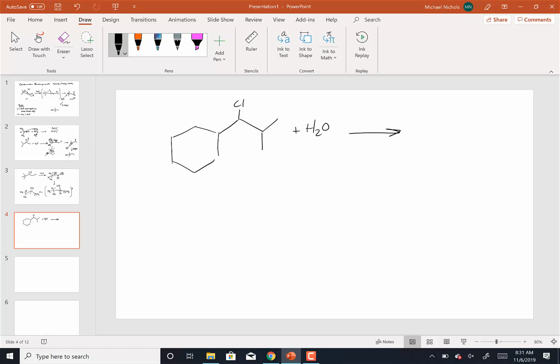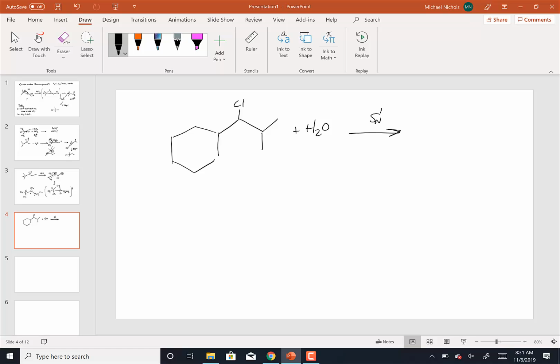It would be good educational practice for me to say, here is what's going to become, and let's just worry about the SN1 mechanism here. So if I said write the major products of this reaction, what would you do?